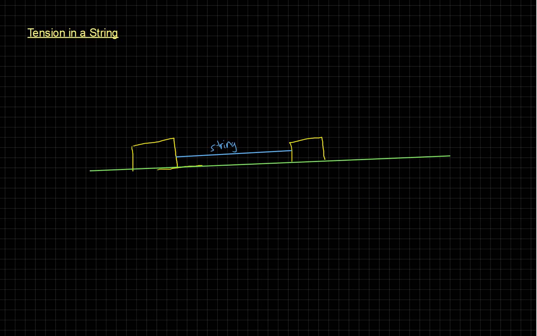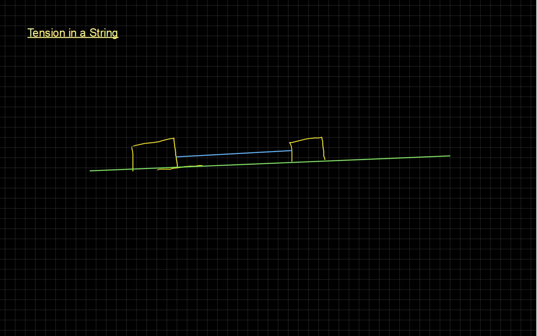So then while we're on the topic of strings, it's worth just reiterating a few facts about tension in a string. So tension is a force, and it's effectively a force which acts throughout a string, and it's essentially that force that you experience when, say, there's two people doing tug of war using a rope, or you could call it a string, and when they pull, each person is pulling on the string, and the string is in some sense pulling back from both people.